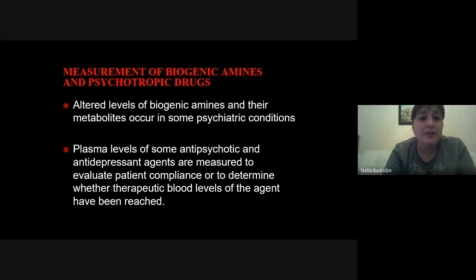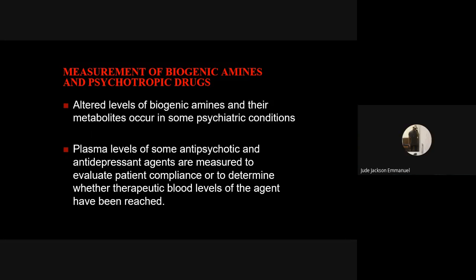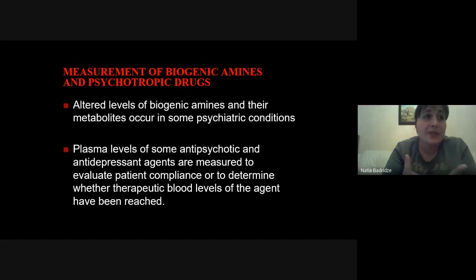For example, altered levels of bioorganic amines and their metabolites occur in some psychiatric conditions. Bioorganic amines are the same as serotonin, dopamine, and norepinephrine. So the general term for these neurotransmitters is bioorganic amines.